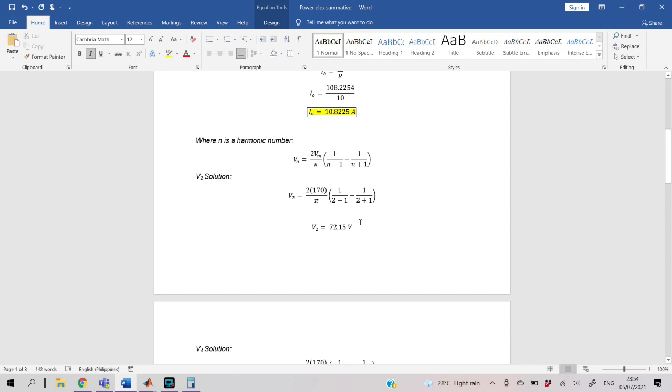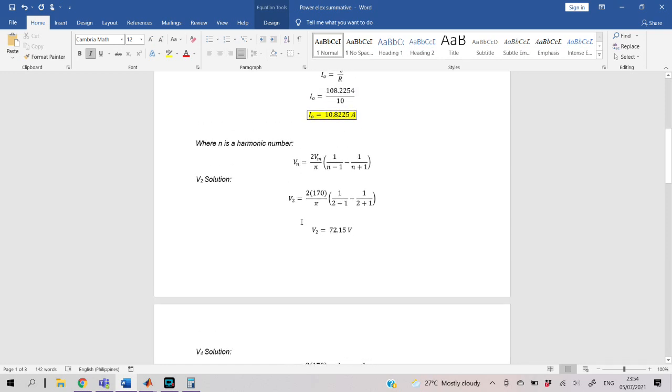For this solution, we consider the second harmonic and the fourth harmonic. For the second harmonic, we substitute n equal to 2. By substituting its values, we get 72.15 volts.